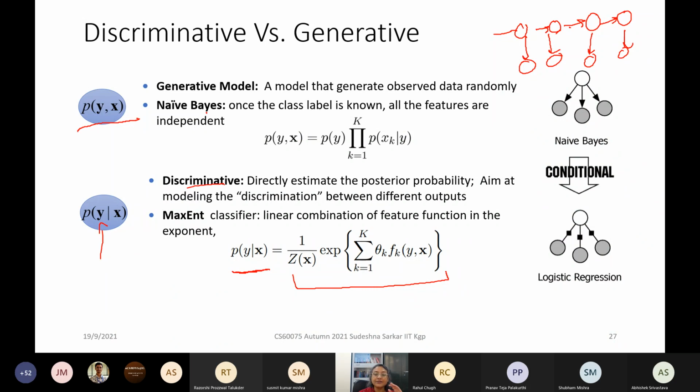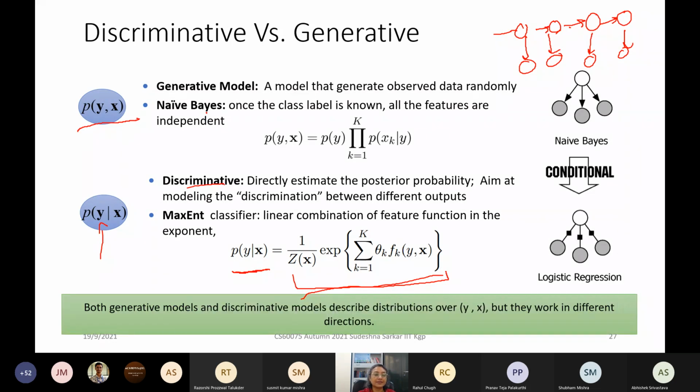But the connections are not directed. In the hidden Markov model, we have these directed connections, but in CRF, we consider a graph where the connections are not directed. And we find a way to come up with a probability of y given x from this model. We will discuss this in detail later.